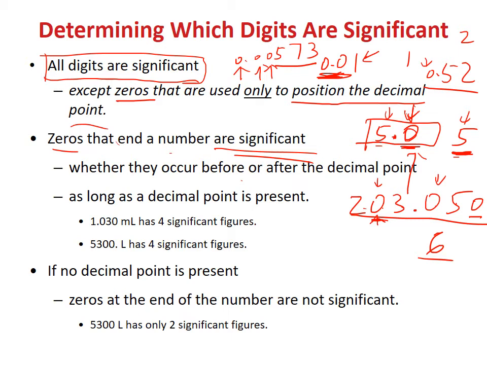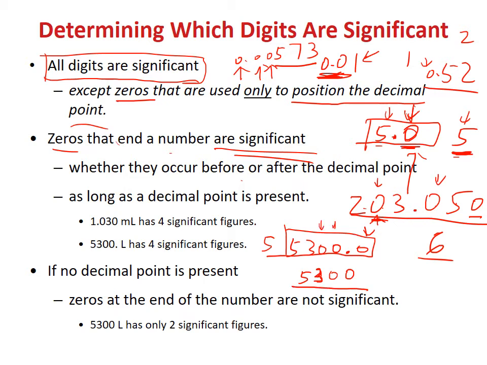Now, 5300. Okay. Compare this one, 5300. Okay. This has 5 significant figures. Remember, this 0 after the decimal is a significant figure, and these are all significant figures.